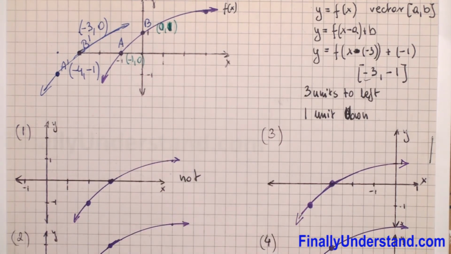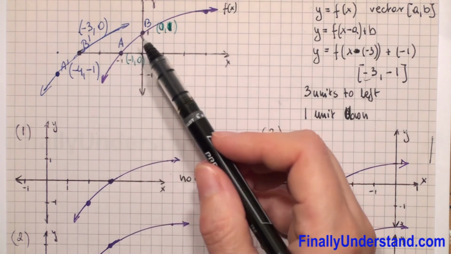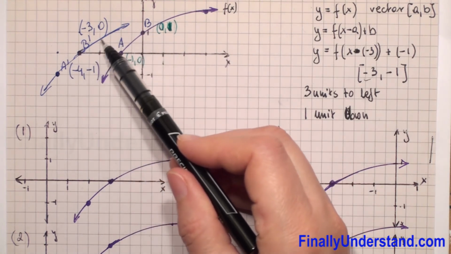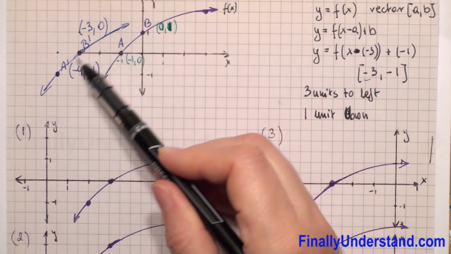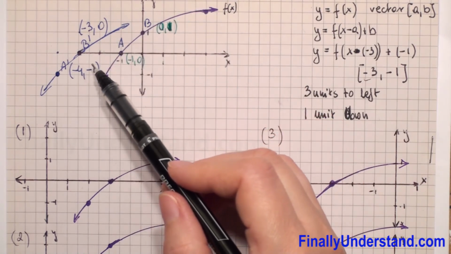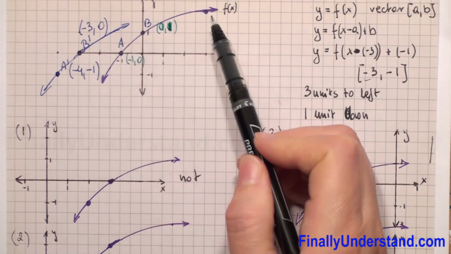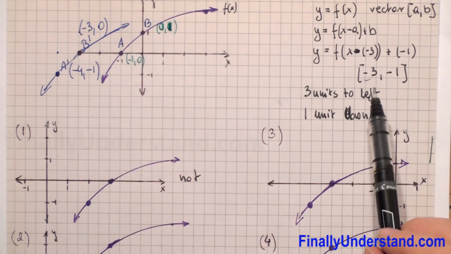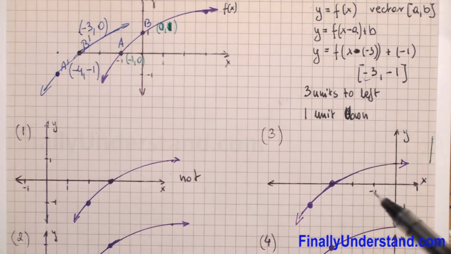The second, we see that we have these two characteristic points and they do not belong to our function which we obtain after we moved our f of x function 3 units to the left and 1 down. So this is also not the graph of our function.